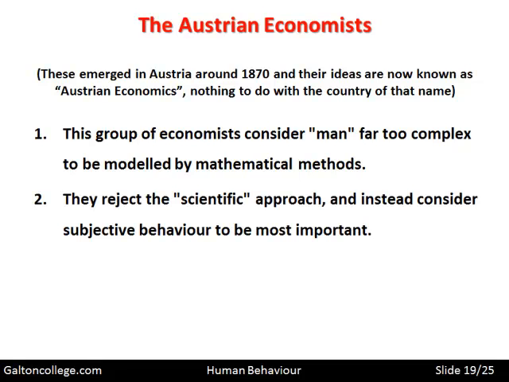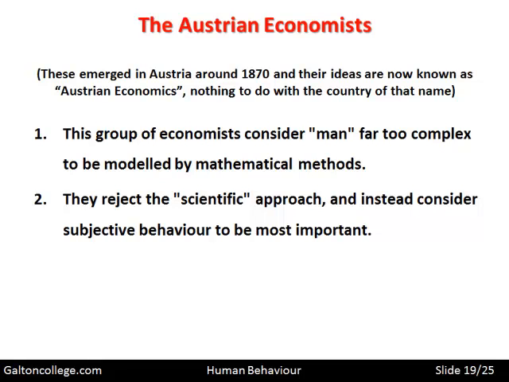So the Austrian economists reject the scientific approach and instead consider subjective behaviour to be more important. So instead of our objective behaviour, what we're doing and what can be measured and can be seen, they'll look at how we evaluate situations in our minds and what it is that drives the markets, which is our creative minds.